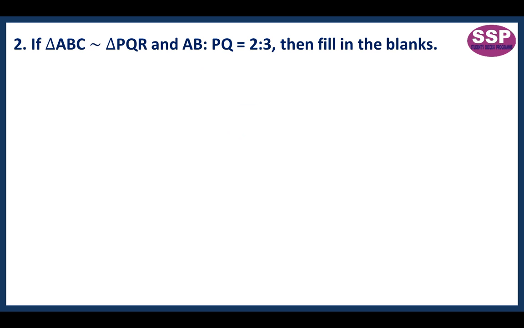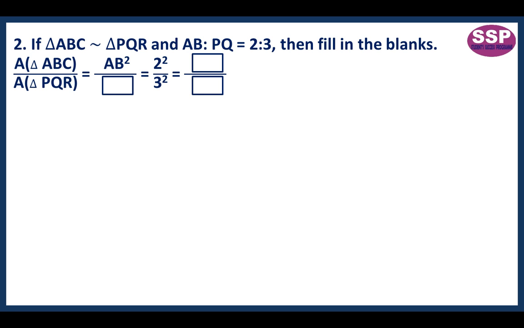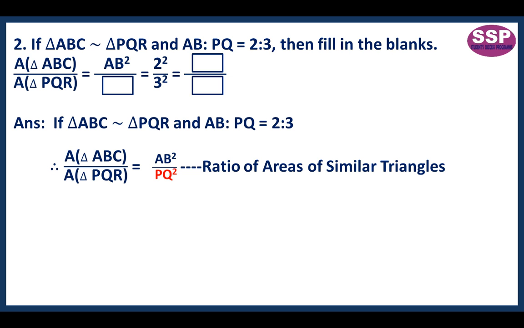Second problem. If triangle ABC similar triangle PQR and AB : PQ is equal to 2 : 3, then fill in the blanks. Area of triangle ABC upon area of triangle PQR is equal to AB square upon dash is equal to 2 square upon 3 square is equal to dash upon dash. Now answer. It is given that the two triangles are similar.